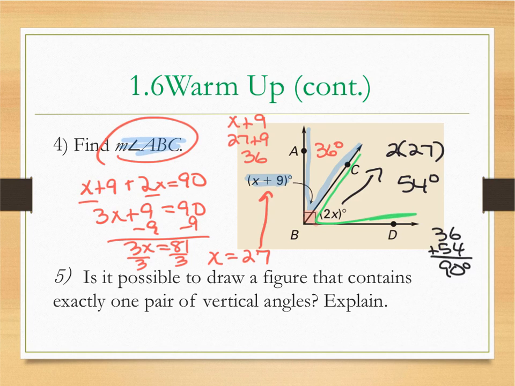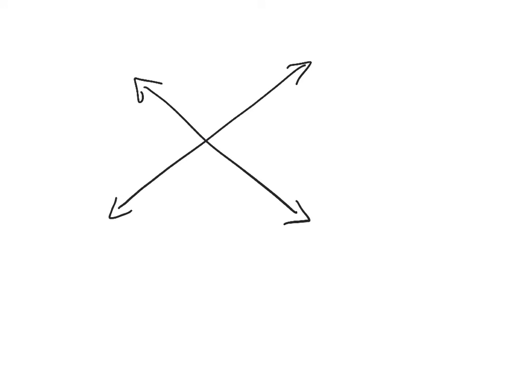which it does. The last question here is asking, is it possible to draw a figure that contains exactly one pair of vertical angles? And this answer is no, and I will explain. I'm going to add a page. So recall that when you create vertical angles, their sides are created from opposite rays.